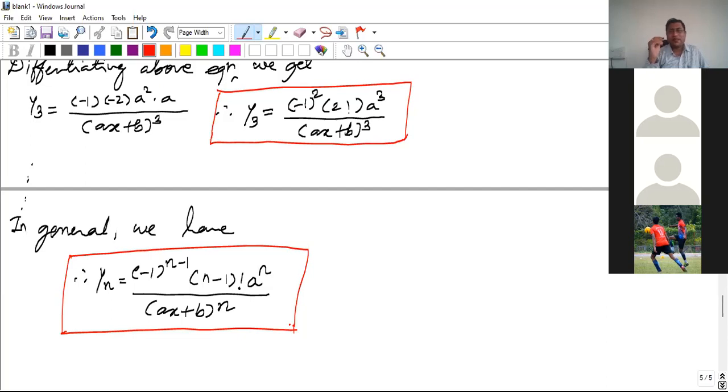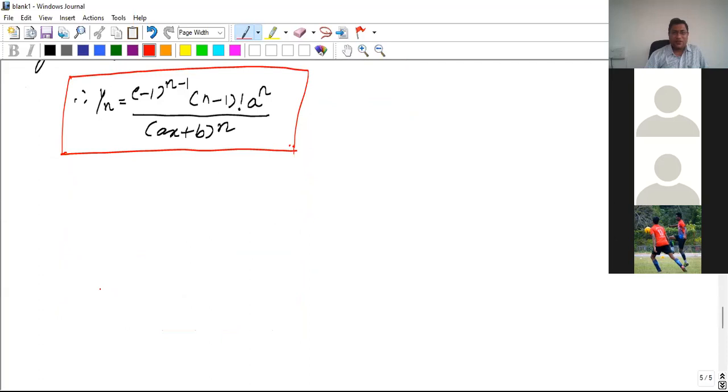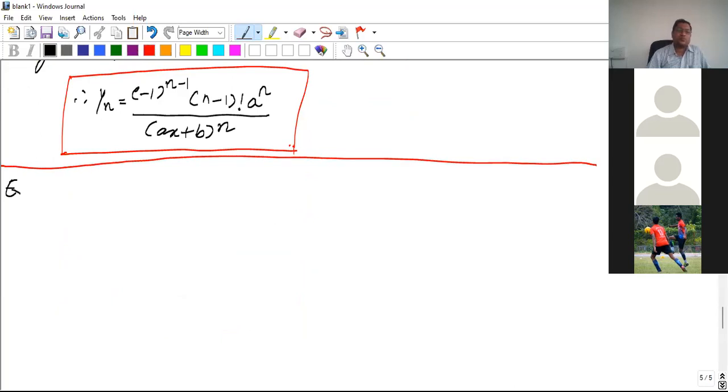So we are done with all the different types of function, and we can find the nth derivative. Now, let us try some examples.